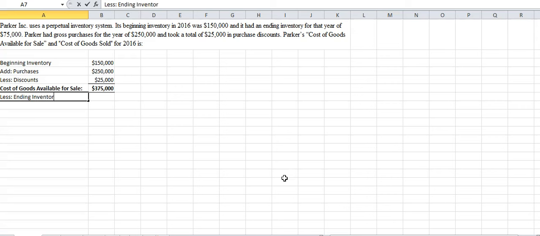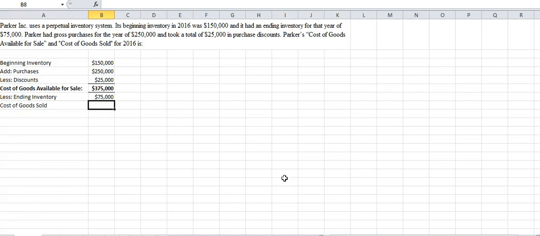And that ending inventory was 75,000. Therefore, you must have sold, let's put here cost of goods sold.